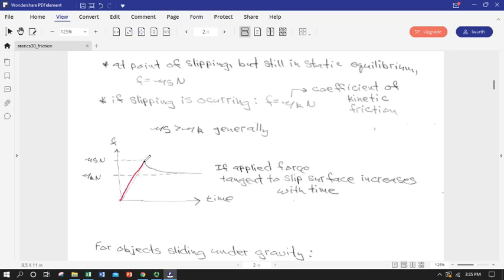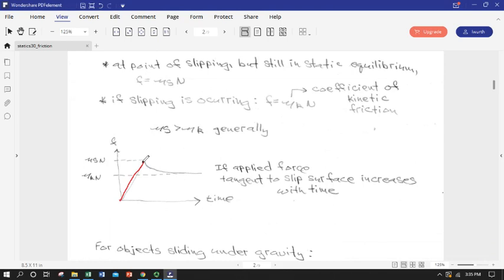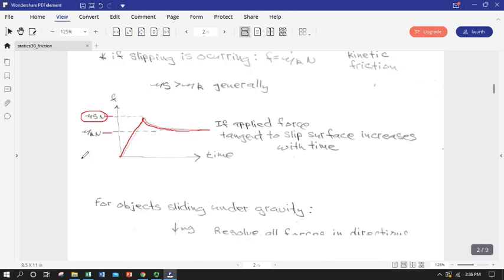It would reach a maximum, and this is our imminent slip, and then your body would start to slip. And if you were to measure friction force, it would decrease, and then it would approach a constant, asymptotically. And so that asymptotic level would correspond to mu sub k times your normal force, and your peak is mu sub s. So that's how those two relate. In statics, we will of course be using mu sub s, as we will not be letting anything accelerate.